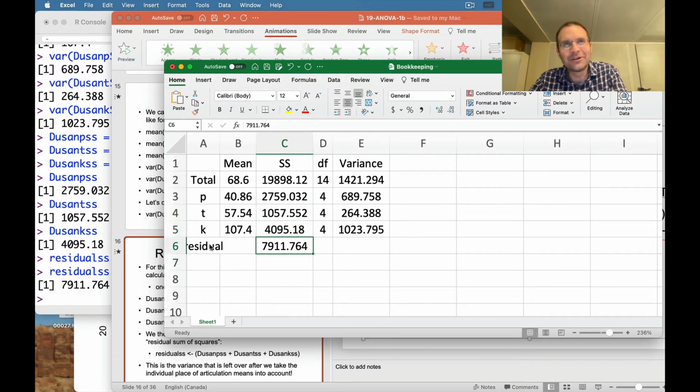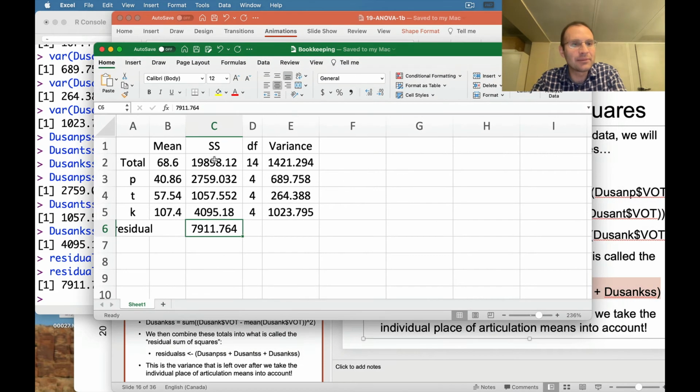You will always get a residual sum of squares that is smaller than, maybe equal to, the total sum of squares, but it's never going to be larger. The total sum of squares is all the variance you have to deal with. And this is just the amount of that total sum of squares that we haven't figured out how to deal with yet, at least not based on place of articulation. That's the amount we have left over. But we're going to be able to predict some of this variance based on our independent factor.